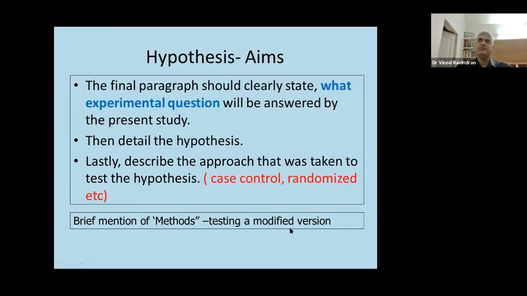When you are using a different type of test compared to the gold standard test, often you will find that the test is mentioned here, just very briefly, because we are going to be discussing it in detail when you are writing the method section.